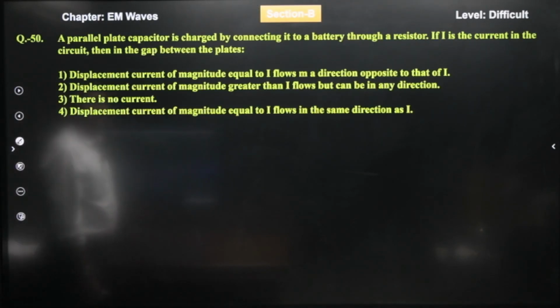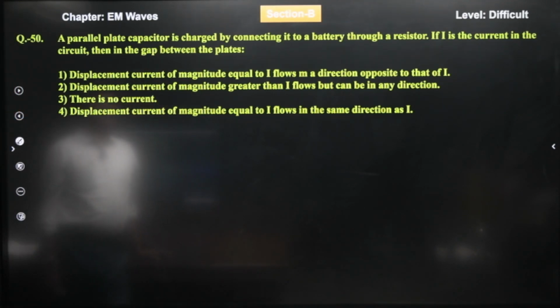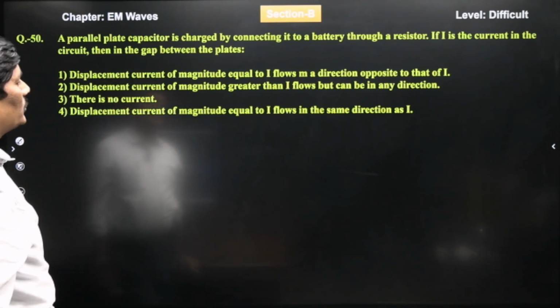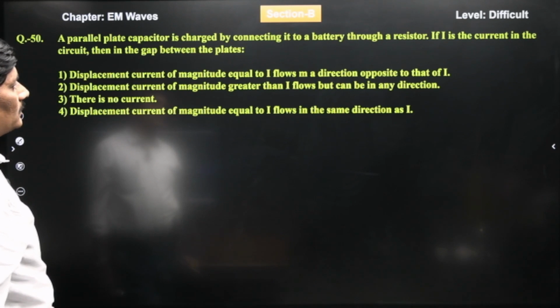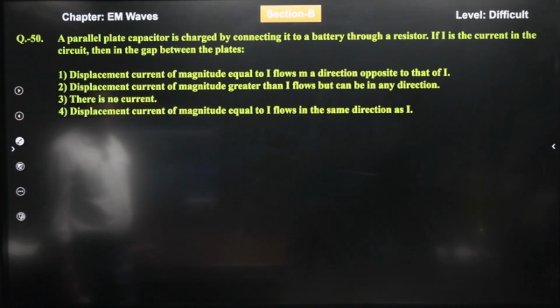Last one, final one, is also a conceptual question. A parallel plate capacitor is charged by connecting it to a battery through a resistor. If I is the current in the circuit, then the gap in between the plates is related to displacement current. Displacement current of magnitude equal to I flows in a direction opposite to that of I. That is the wrong one.